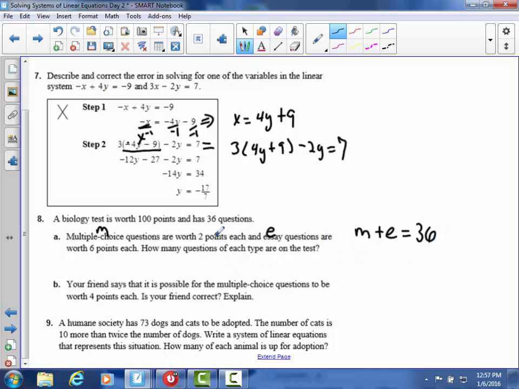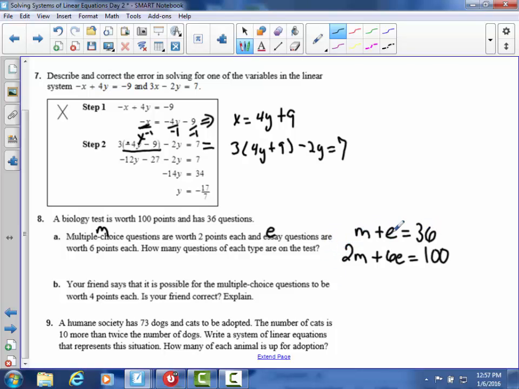Okay, and then if the multiple choice questions are worth 2 points, then 2 times M will give me the points I can earn from multiple choice. And essay questions are worth 6 points, so 6 times E will give me the essay points, and altogether that would be 100. So now that I know that, since we've been using substitution, I'll continue with that.